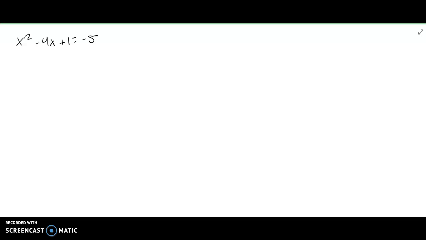I'm going to do two of the problems you asked for help on. For the first one, I don't remember what number this is, but it was x squared minus 4x plus 1 equals negative 5. For our first step, we need to move our constants to one side.